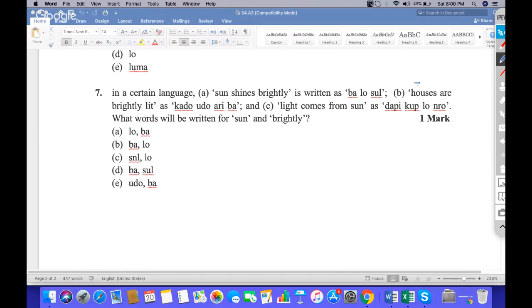Question 7, what is the answer you are giving me? Question 7, A is the answer. Most of you are giving me A answer. So that's how it should be. So, okay, most of you have given me right answer.